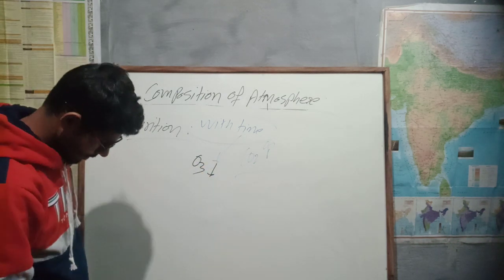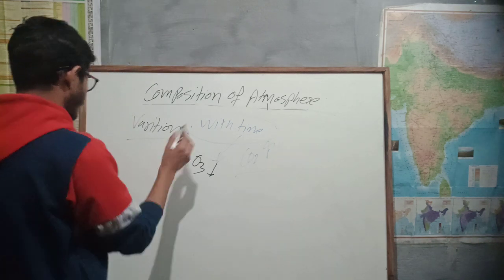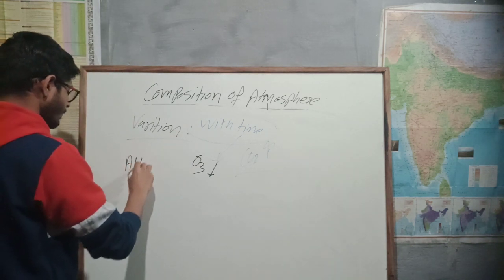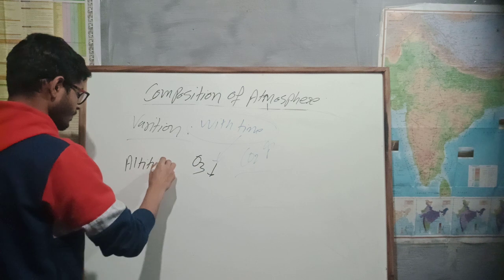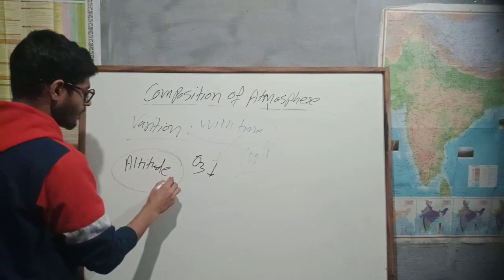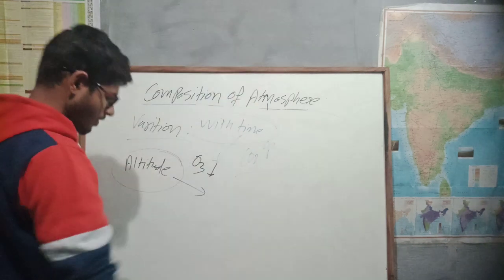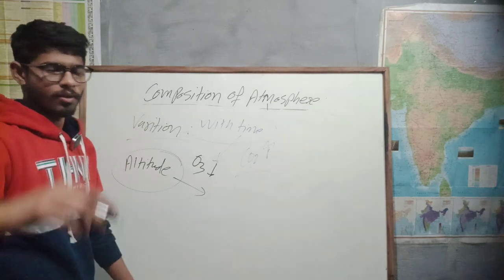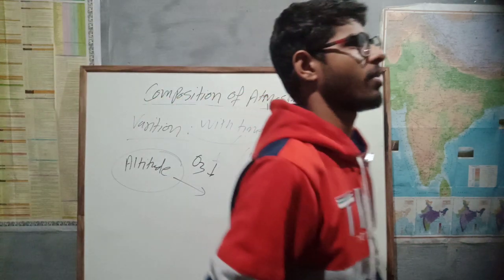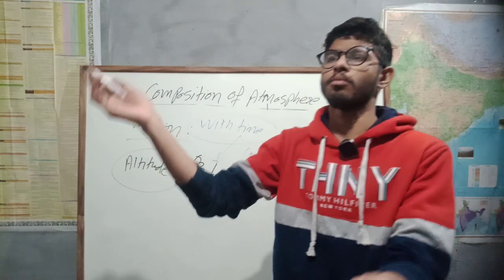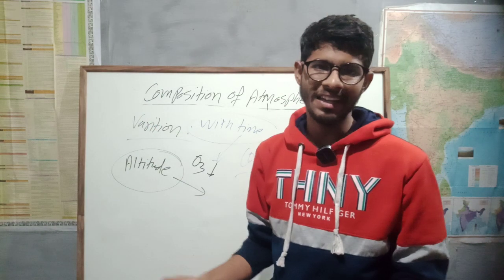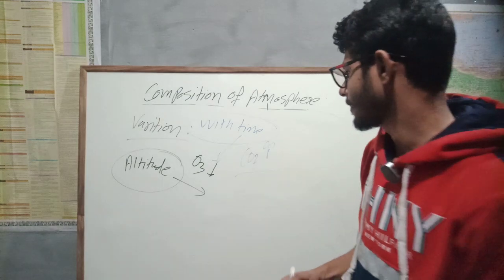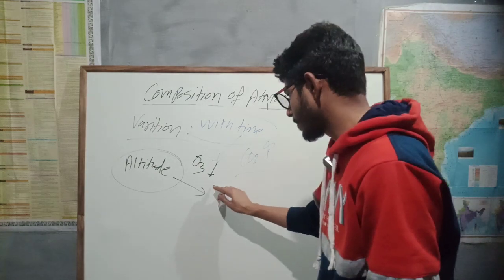And let's talk about variation with altitude. With altitude, when we go upward in the atmosphere, dust particles and water vapor start decreasing. So with altitude, what happens?